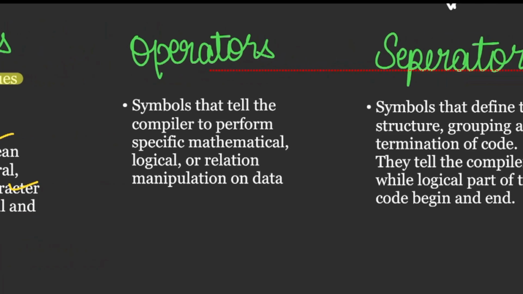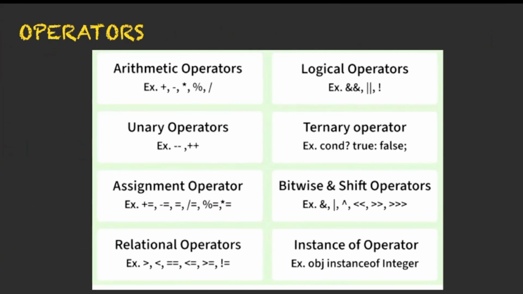Now, the other token that we need to learn is called operators. Operators are symbols that tell the compiler to perform specific mathematical, logical, or relational manipulation on data. Now, we're going to look at the different operators that are available in Java. We begin with arithmetic operators.